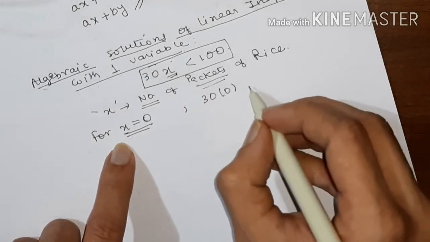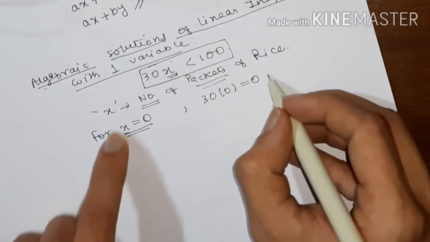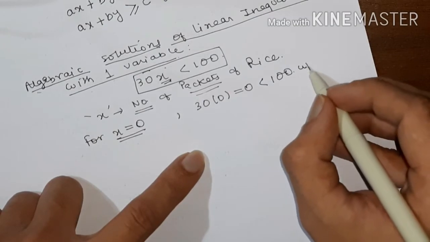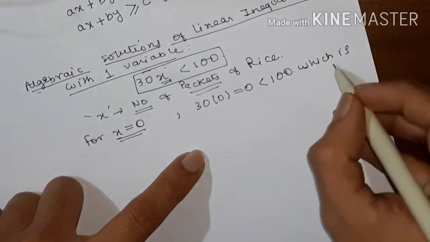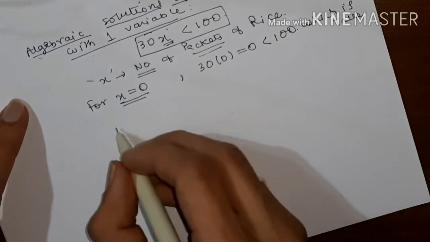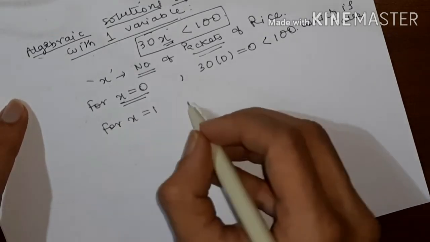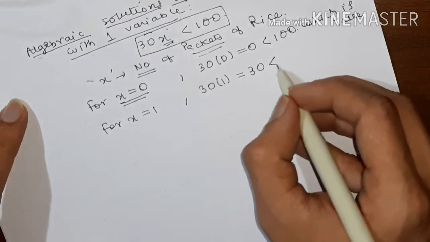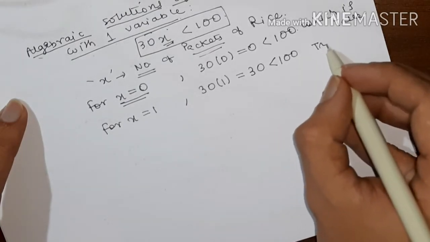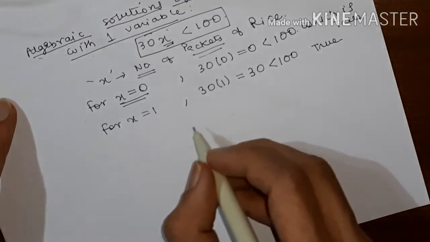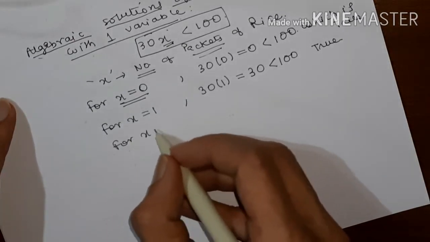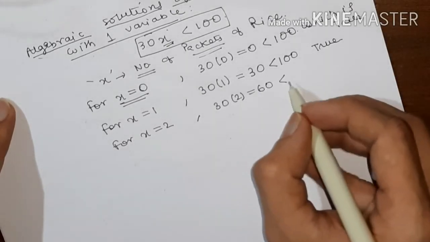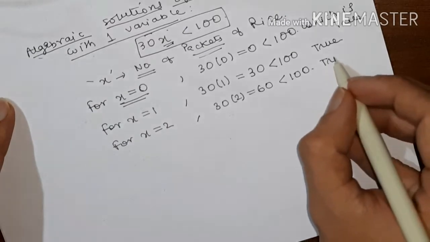For x equal to 0, what you will get? 30 times 0, which is equal to 0, and 0 is less than 100, so this is true. Then for x equal to 1, 30 times 1 is equal to 30, which is less than 100, so this is also true. Then for x equal to 2, you get 30 times 2, which is equal to 60, less than 100, which is again true.